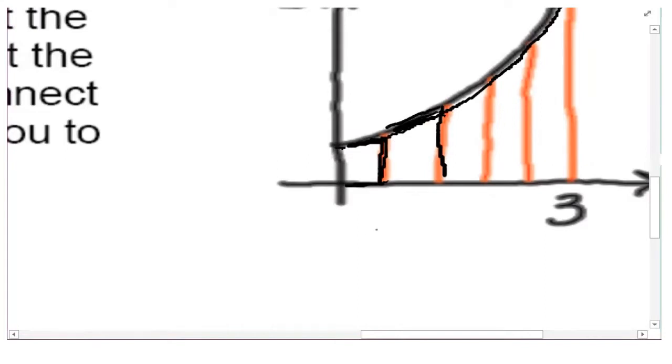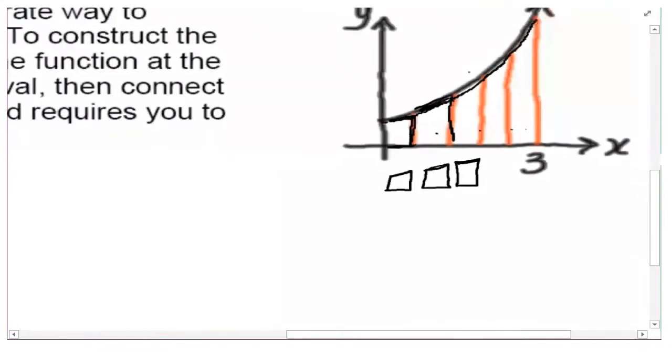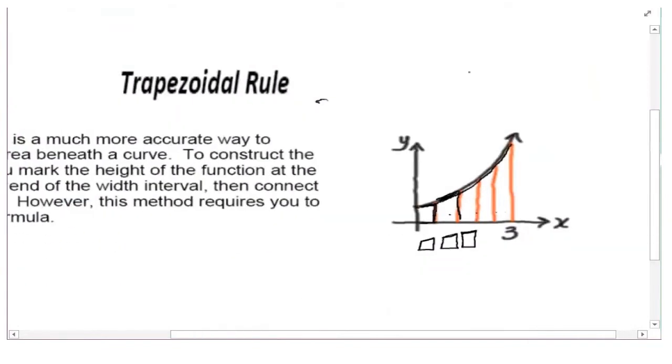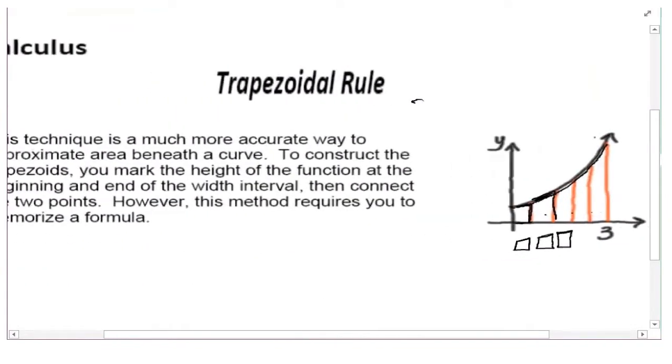So you have a trapezium plus trapezium plus trapezium and so on. And by adding these trapeziums, you can find the whole area below the curve.